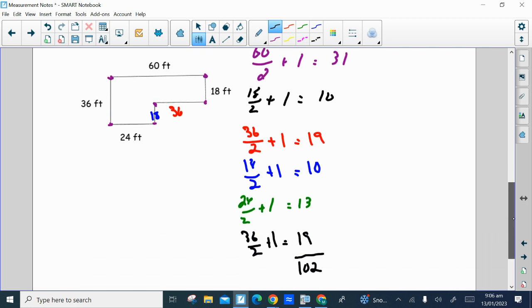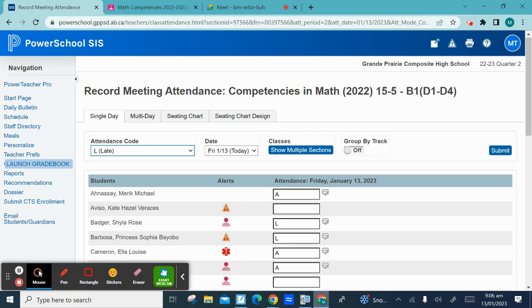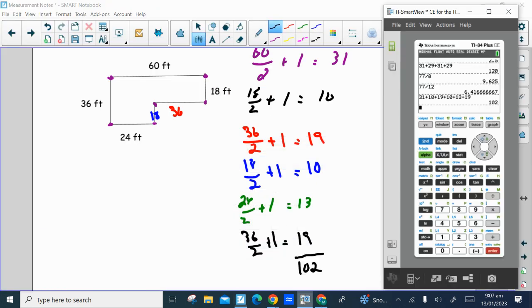Now, as I said, if you just added up the dimensions or the perimeter of the room first, add up the 60, the 18, the 36, another 18, 24, and 36.